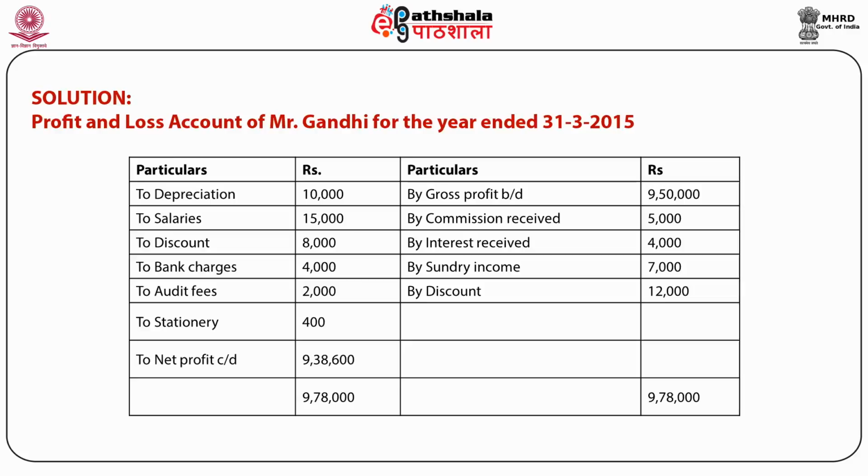The capital account is credited with net profit. So this makes clear that if the firm is earning profits, then its credit side must be more than its debit side, and this profit increases the capital of that particular concern.